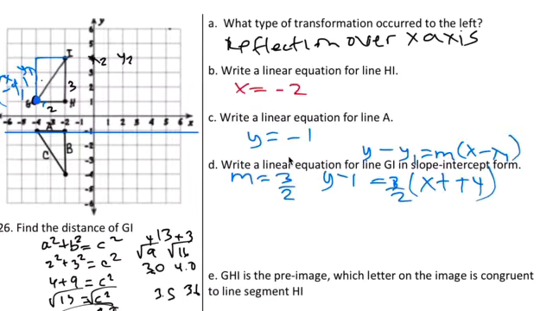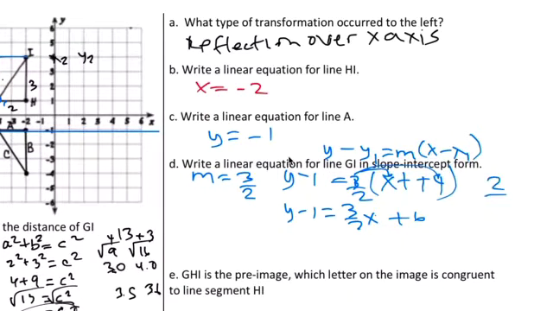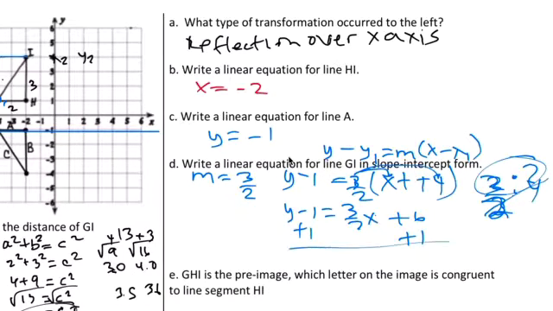So y minus 1 equals 3 over 2 x, add 6, because 3 over 2 times 4 is 6. Then add 1, get y equals 3 over 2 x plus 7.